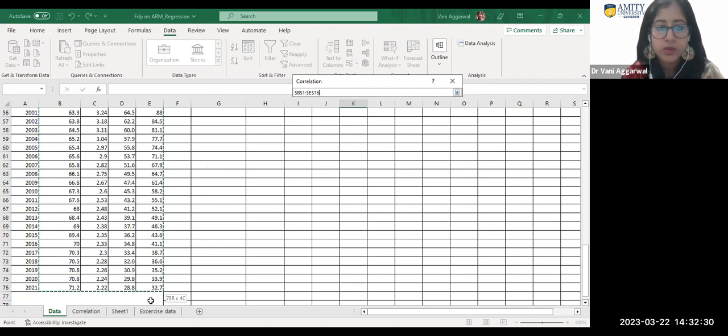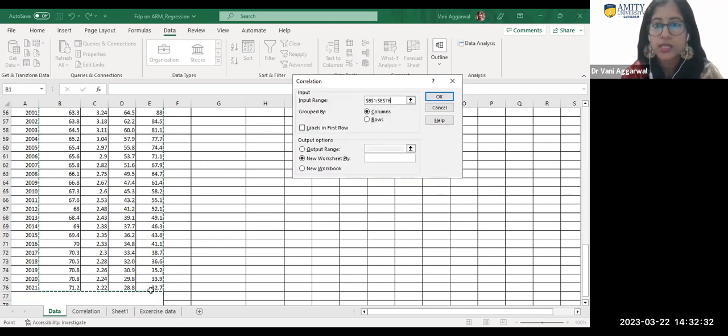I have selected my input range from B1 to E76. Now I want this to be grouped by columns. You can play around with these things. You can select rows and check how the output looks. Then tick Labels in first row.